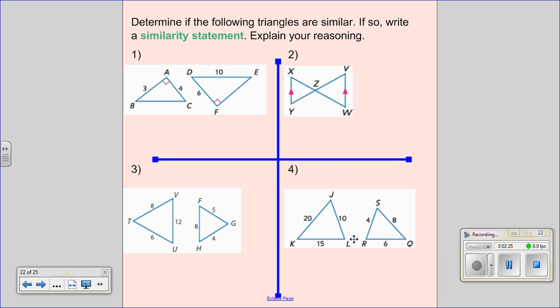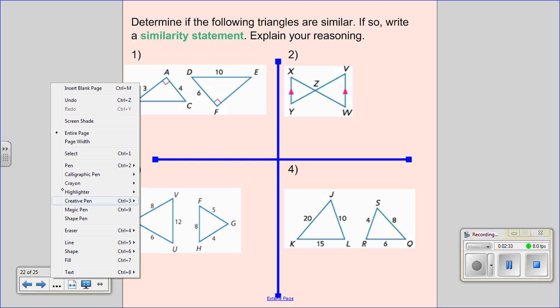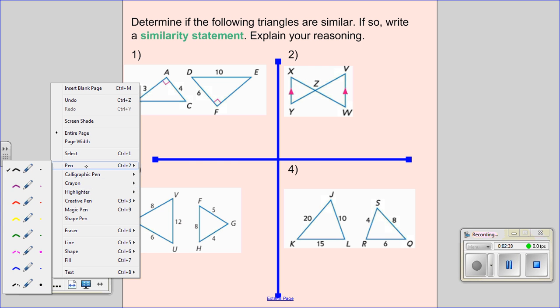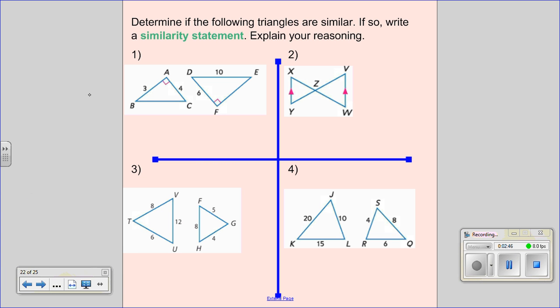So for these first few examples, they want us to determine if the triangles are similar. If they are, write the similarity statement and explain our reason. On the first example, the triangle on the left, ABC, shows us two sides and an included angle.